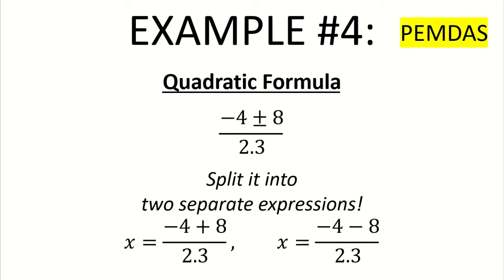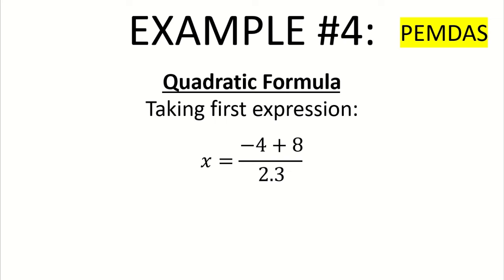And the second one would be x is equal to negative 4 minus 8 divided by 2 times 3. And we will solve both of them one by one. Taking the first expression first. Now, according to the PEMDAS rule, we need to solve multiplication and division operations before addition and subtraction. And for solving multiplication and division, we need to go from left to right.